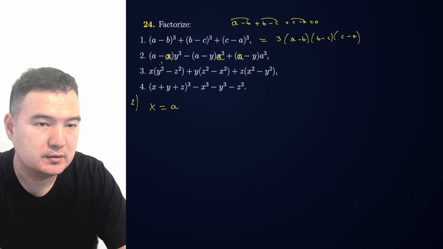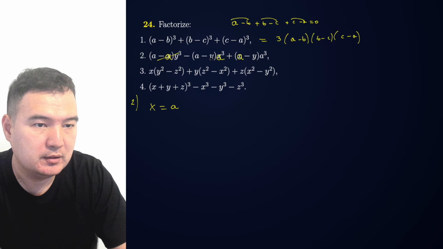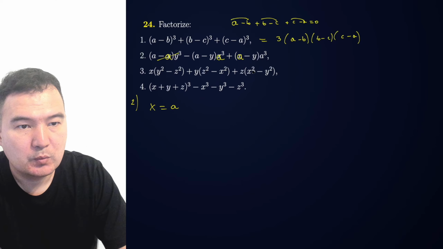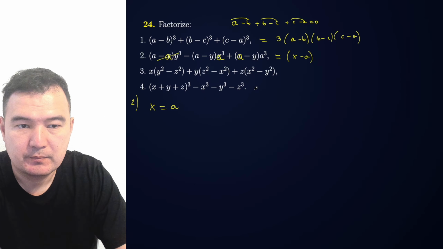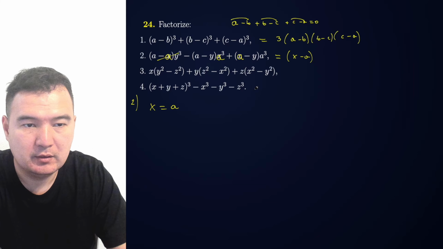So this is 0, and these two will cancel each other. Which means when I factorize this expression, I will have x minus a as a factor. That's one of my factors.